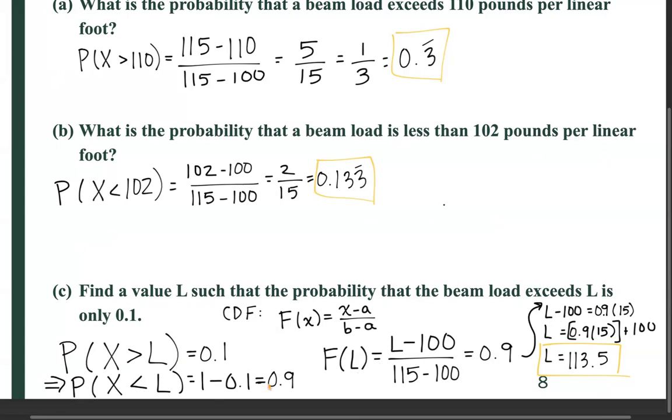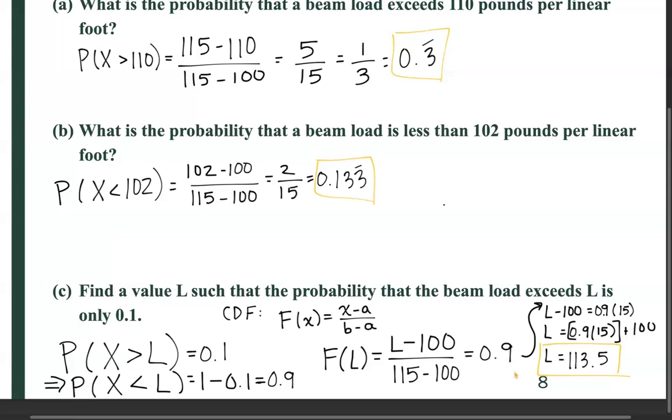Once you do that, we can use the CDF here. The CDF F of L equals L minus our A, which is 100, divided by B minus A, which is 115 minus 100, and that equals 0.9.